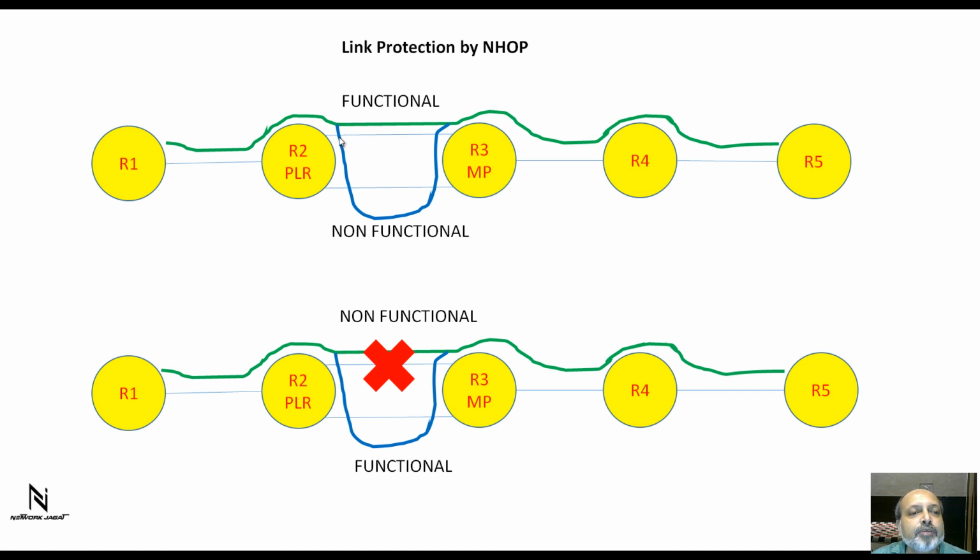Now between R2 and R3 we maintain two links, right? One link will be carrying the functional TE path, whereas the other link will be carrying the protection path, right? Now how is it done?